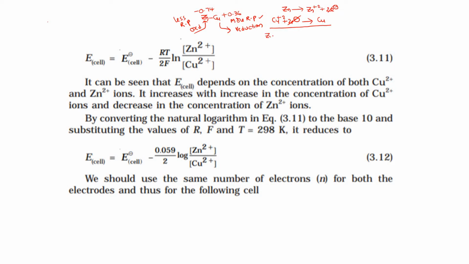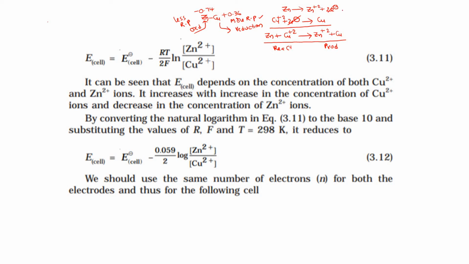Now zinc plus copper plus 2 gives rise to what here? Zinc plus 2 plus copper. This type of reaction we have written a number of times in this electrochemistry. Now all these are what? Products. This one is what? Reactants. Now how to write this cell reaction?